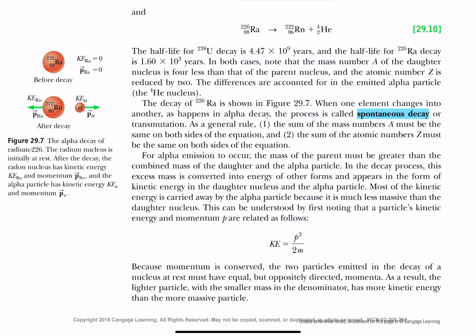A given radioactive, unstable nucleus might decay before I can finish the sentence, and it might not decay for a few more years or 1,000 years. Now, that's why we have this idea of a half-life. We cannot predict when an individual nucleus will decay. But we do know that if you have a statistically large enough sample of nuclei, you can predict when half of them will have decayed.